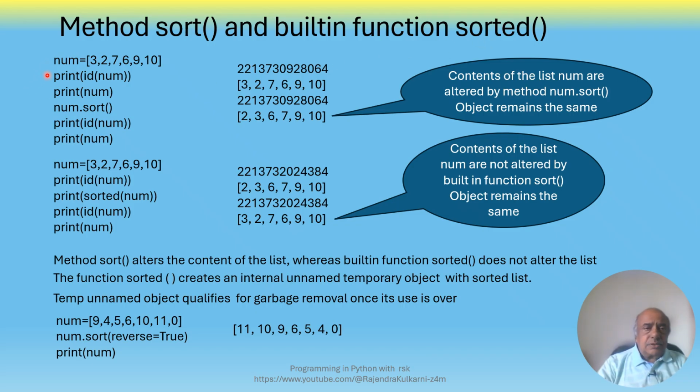What it does is it sorts the list and arranges it with lowest number occupying the 0th index location and highest number occupying the last location. So here we have declared a list num having ID 28064.